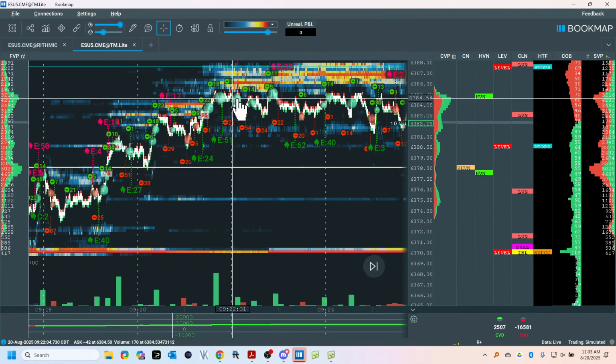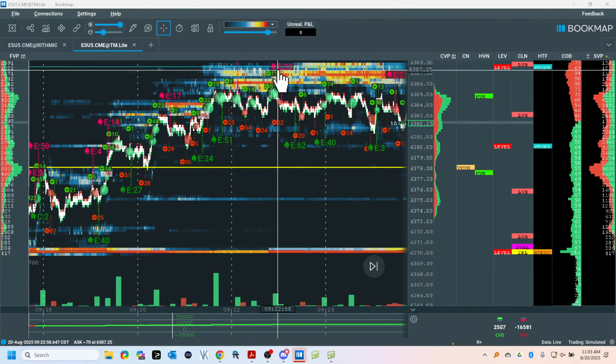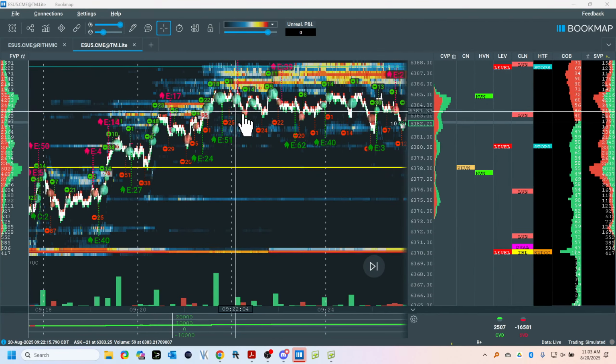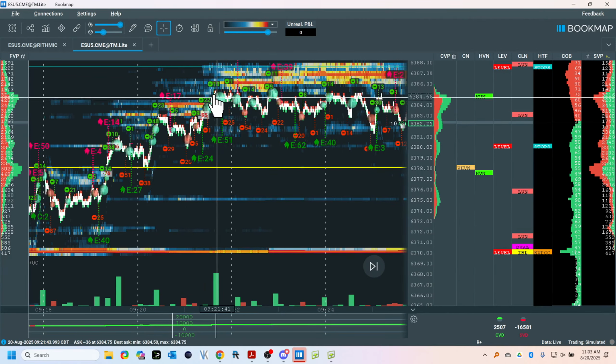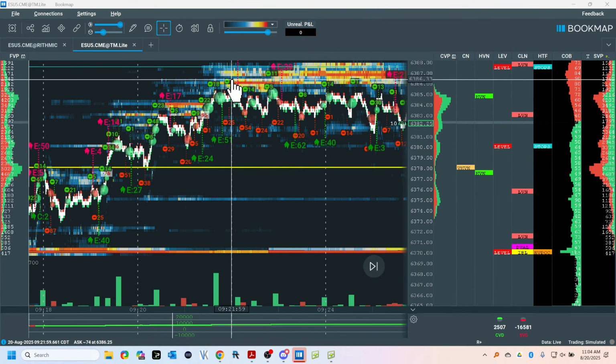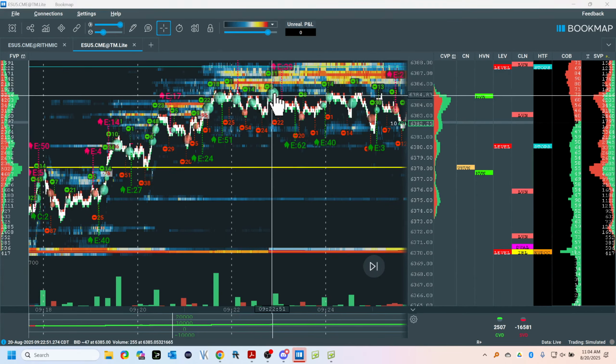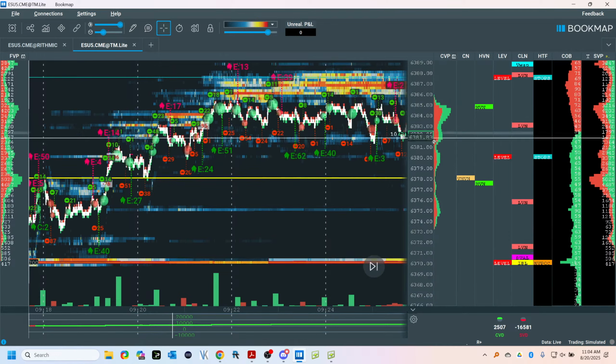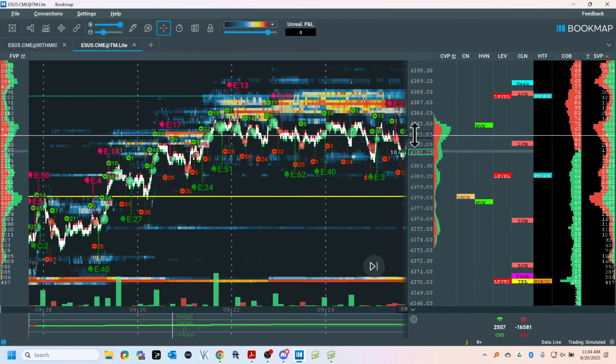Let's look at what you got right here. Buyers, liquidity, selling icebergs, no clue. Sellers get below the buyers. Why is the market not going up? It's because we have passive sellers, and this is absorption. When you're using a high tier order flow tool, you've got to understand how it works and what you're interpreting.